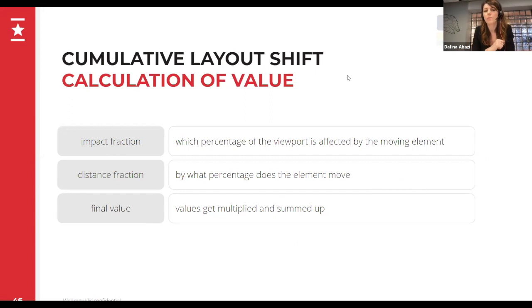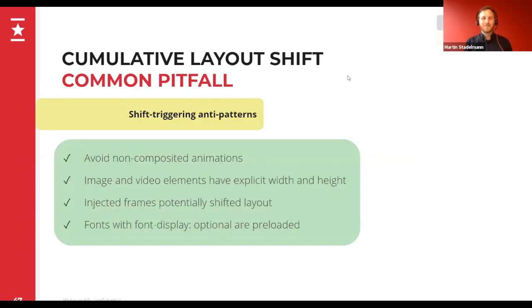How can we make sure to avoid CLS? Let's see here on this slide. So here again, in summary of the calculation of value, what Dafina has just explained, the calculation starts out with the impact fraction, so to speak.